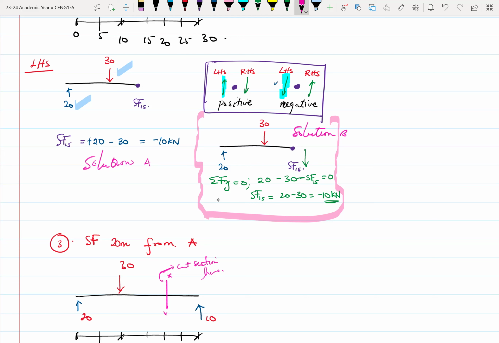So if you cut a beam into two parts, now you have two separate parts, one on your right-hand side and one on your left-hand side, all right? You can use any of them to find the unknown internal behavior. Okay, so you can use any of them, preferably the left-hand side, all right?